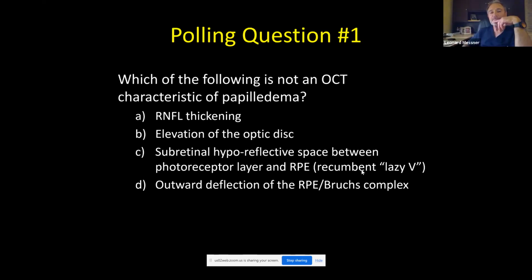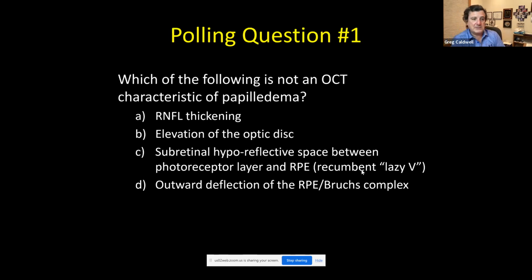So great point. So Len, there's your results for your polling question. 12% did retinal nerve fiber thickness, 4% did elevated disc, 6% did subretinal hyporeflective space between the photoreceptor and RPE, that lazy V, and then the outward deflection of the RPE and Bruch's membrane complex was number one at 78%.